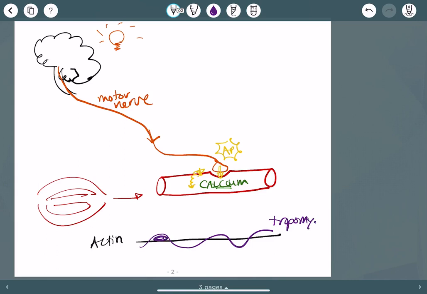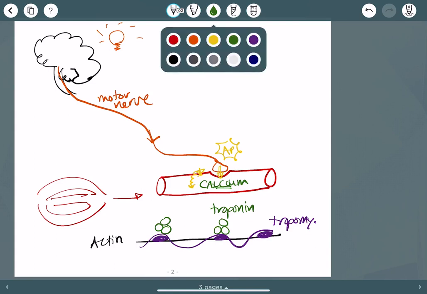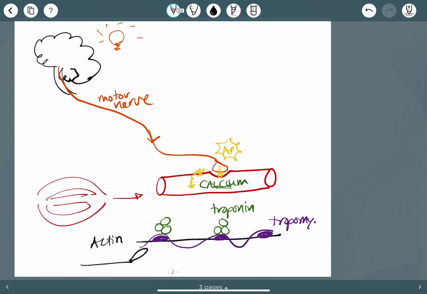So the active sites are hidden underneath that ribbon, and the troponin that binds to the tropomyosin has a binding site for calcium. So calcium binds to troponin, it pulls the tropomyosin off of the active site. Now the myosin heads that are sitting here ready and waiting to bind can bind to the active site, and you can have a muscle contraction. That's as far as we got.